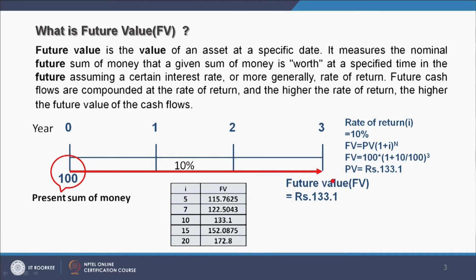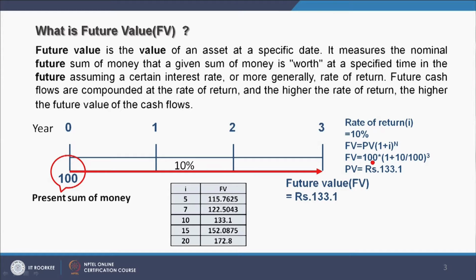So, this future value is a function of this rate of return as well as the time at which we are calculating the future value. For this, the equation used is FV is equal to PV into (1 plus i) to the power n, and for 10% return, if I calculate this value, this is 100 into (1 plus 10 by 100) to the power 3, which is equal to 133.1.